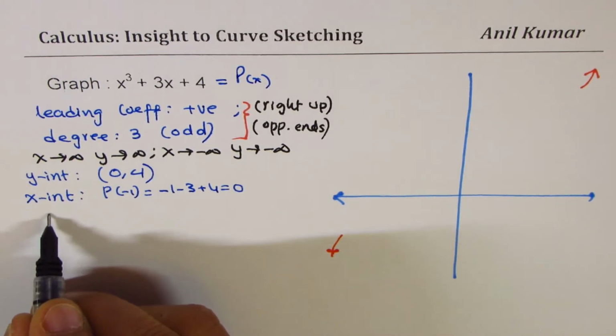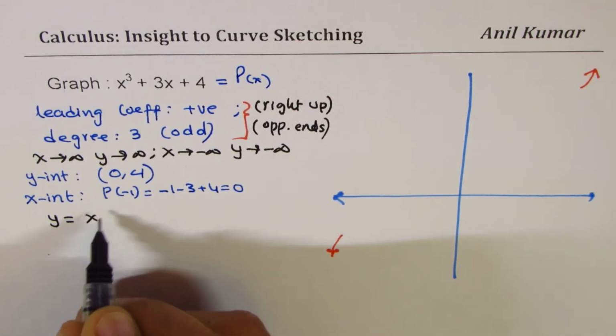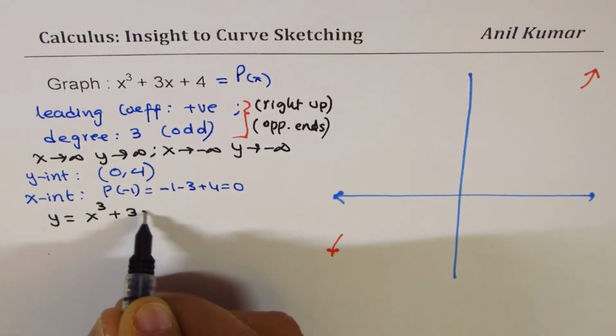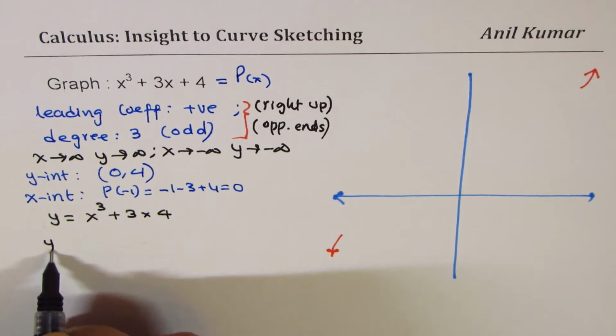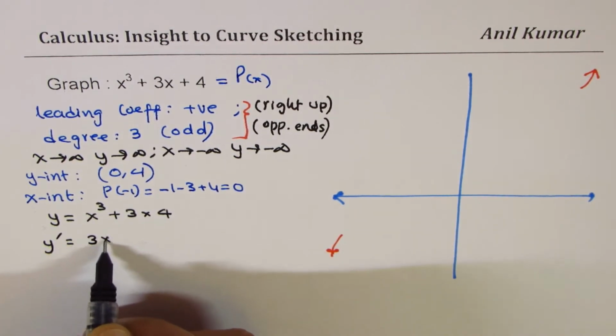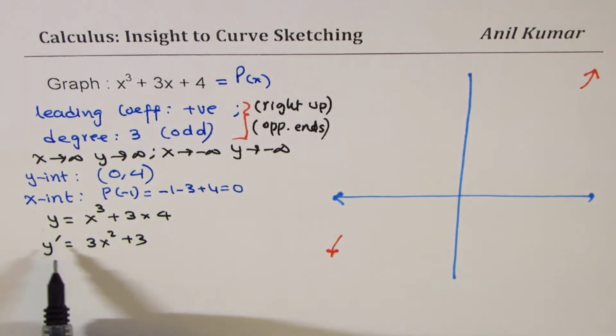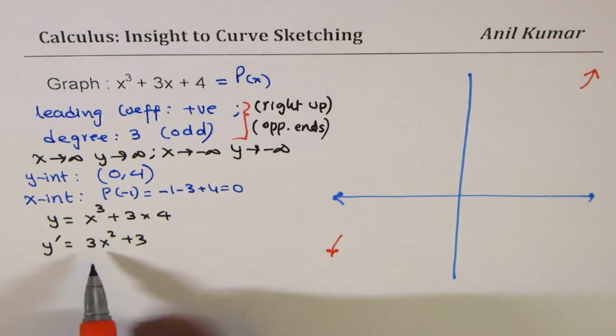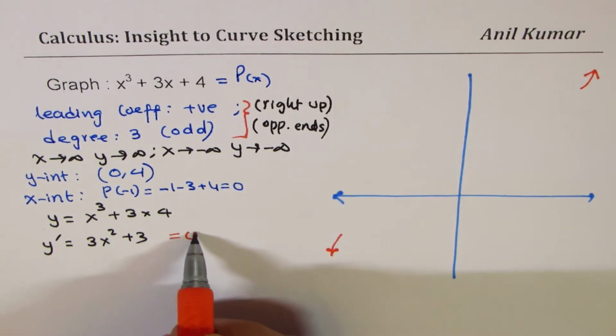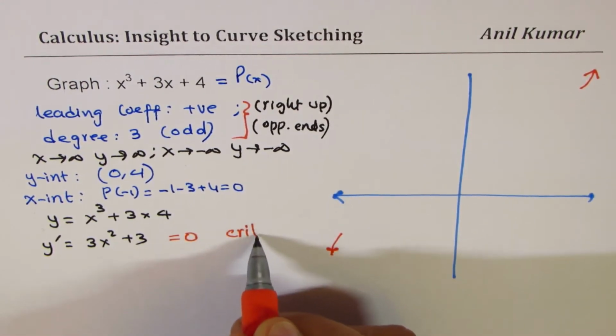We have the function y equals x cubed plus 3x plus 4. Let's find the first derivative, which is 3x squared plus 3. Critical points are where y dash is equal to 0, to find the critical numbers.